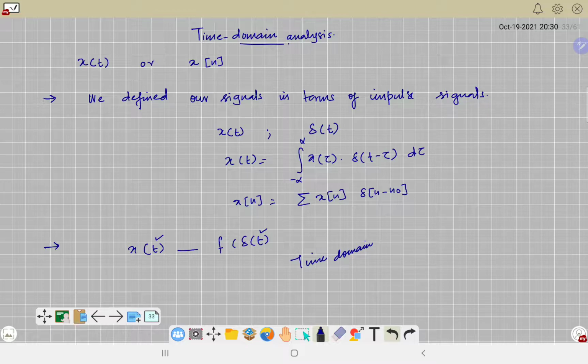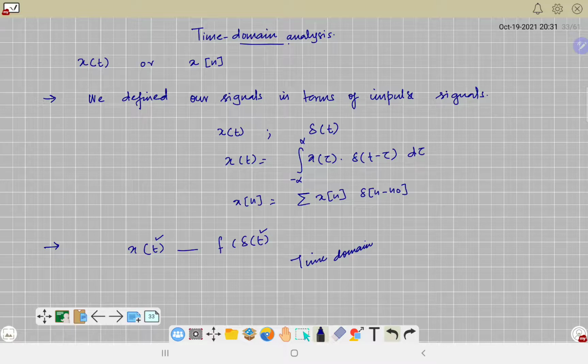You will see that just as here we expressed x of t in terms of the delta impulse signal, delta t, delta n, we will be expressing our signals in terms of sinusoids or complex exponentials, because we have also established a relationship between a complex exponential and a sinusoidal signal. So either way, whether you express it as a series of sinusoids or as a series of complex exponential signals, in both cases there will be a concept of frequency.